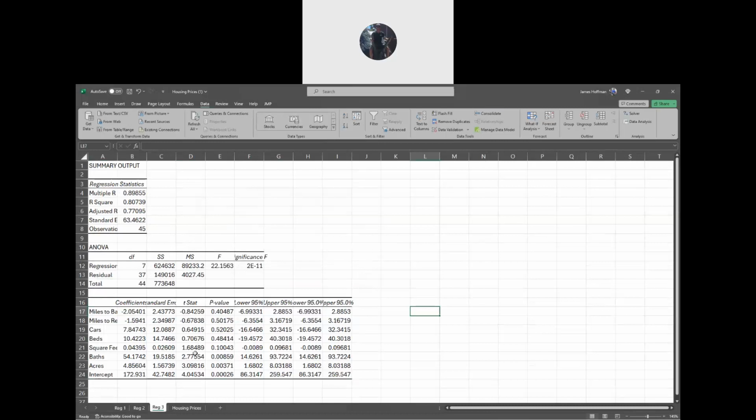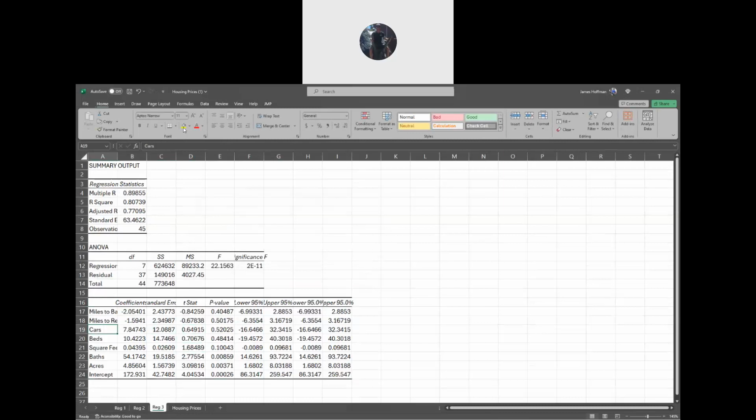Now we're going to take out, looks like cars, right? Is that what we got? Yeah, cars. I don't remember. The first one was DOM.